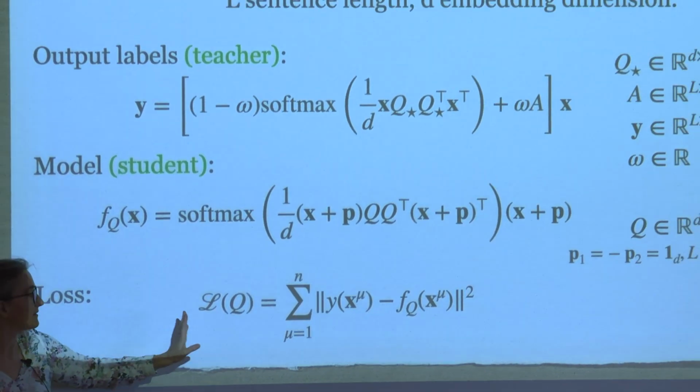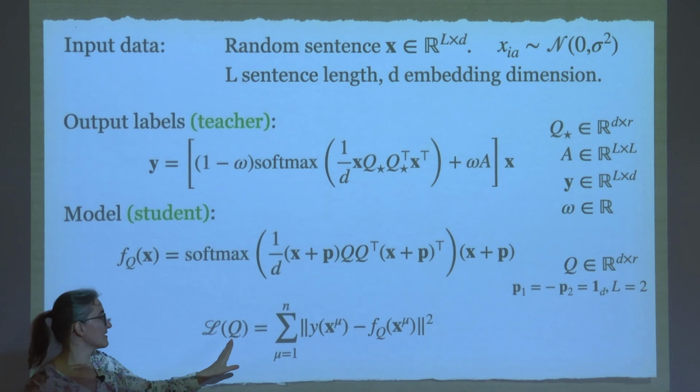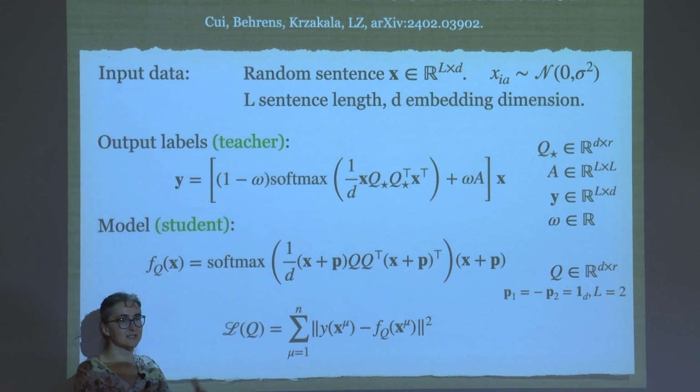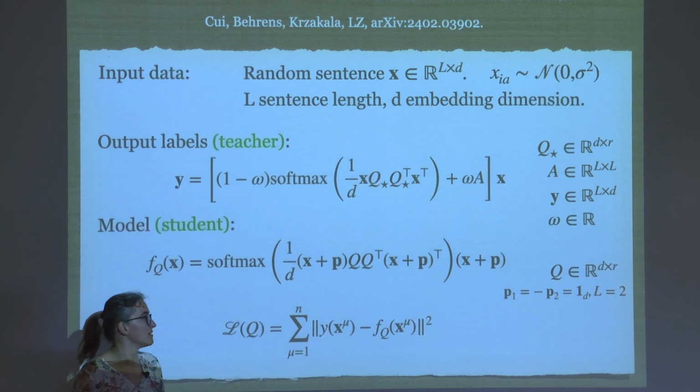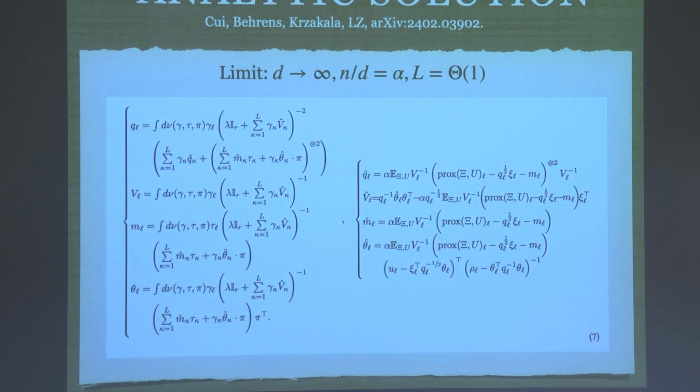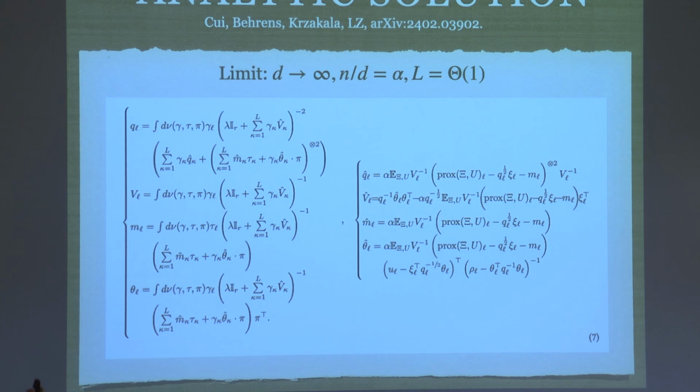Not yet gradient descent dynamics, but we can study where the global minima of this loss are and what they are telling us about what was learned. We leave open the question whether these global minima are actually achieved or not, but we can look at where they are. And these are the equations that one needs to write and solve.